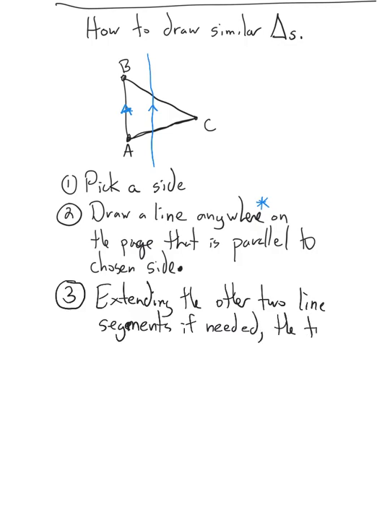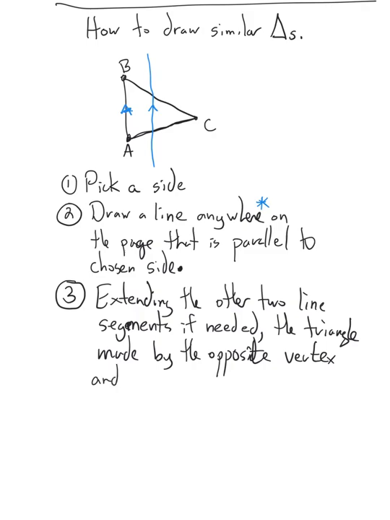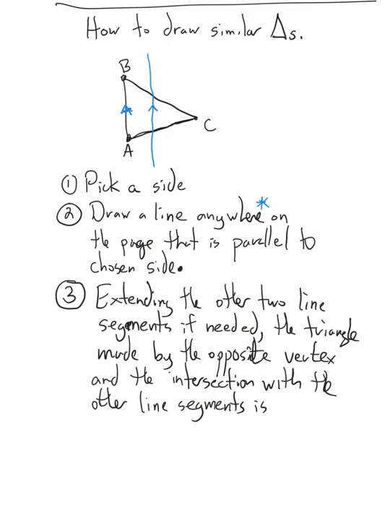The triangle made by the opposite vertex and the intersection with the other line segments is similar to the original triangle.